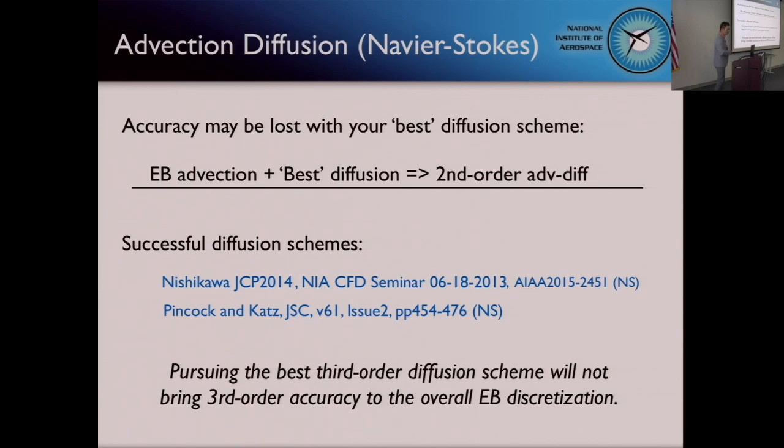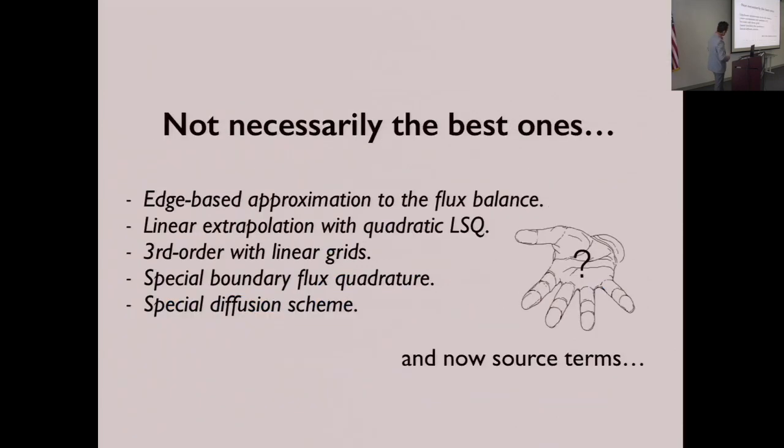You have to very carefully develop this third order scheme for the other terms. So not necessarily the best ones. Every component has to be designed very carefully. And I'd like to discuss how later when I get to source step. That's the next topic. That's the key. And the invisible hand, whether it exists or not, we will see.